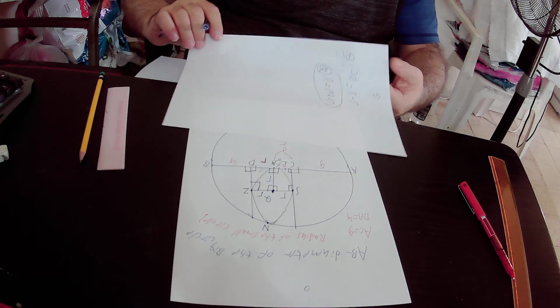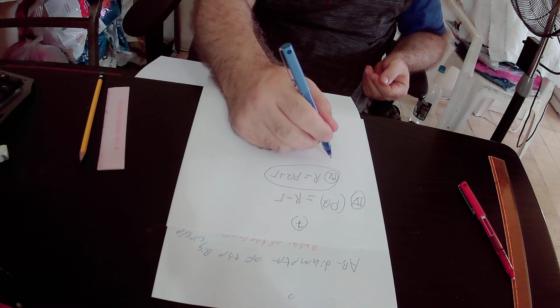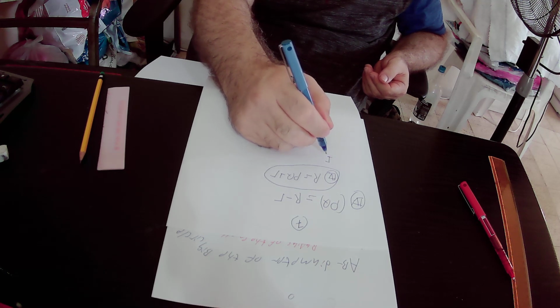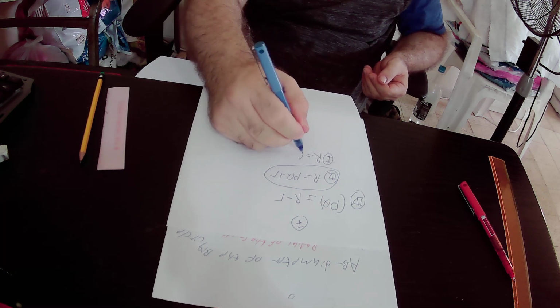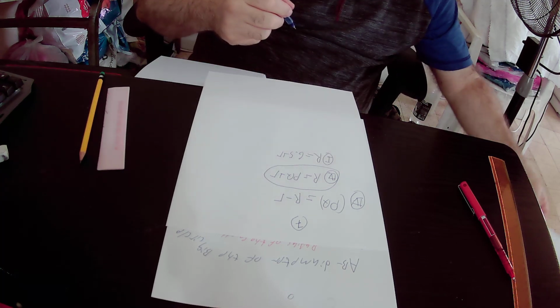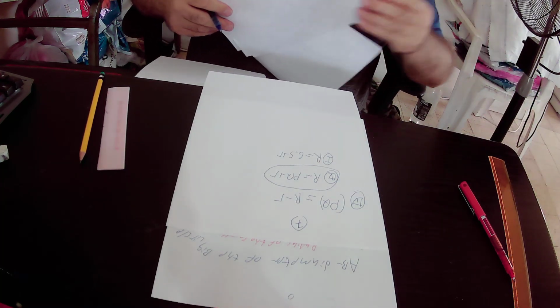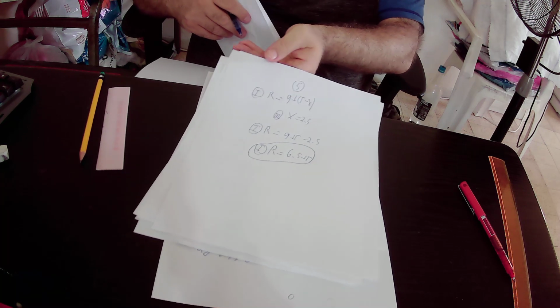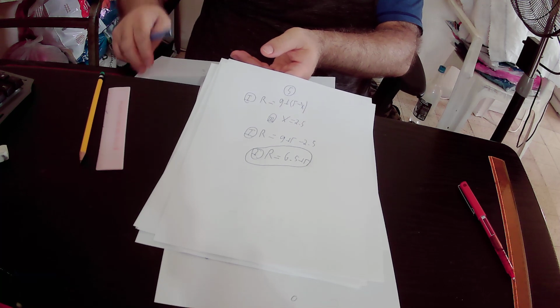But we have already found out from equation number 1 that capital R equals 6.5 plus small r. Okay, we have already found out that capital R equals 6.5 plus small r.